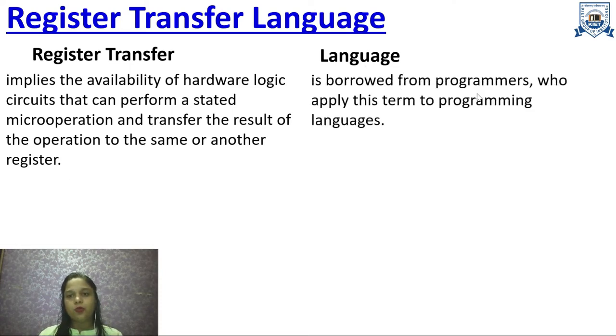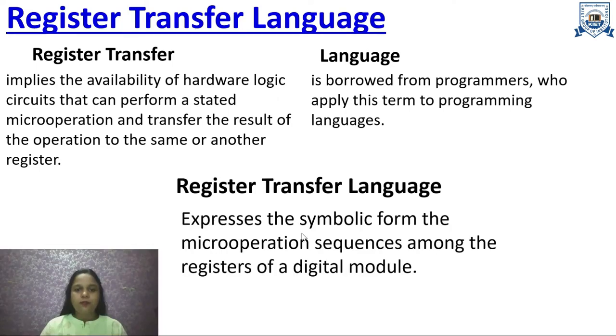The word language is borrowed from programmers who apply this term to programming languages, for example your C language, Java language and many other languages. So what is register transfer language? It expresses in symbolic form the micro operation sequences among the registers of a digital module.